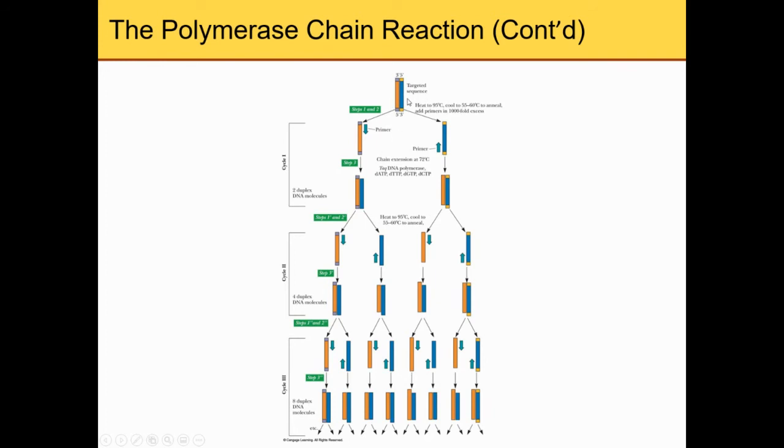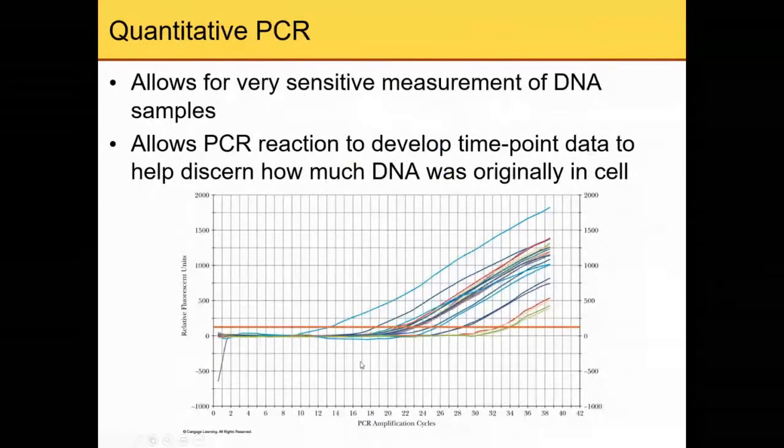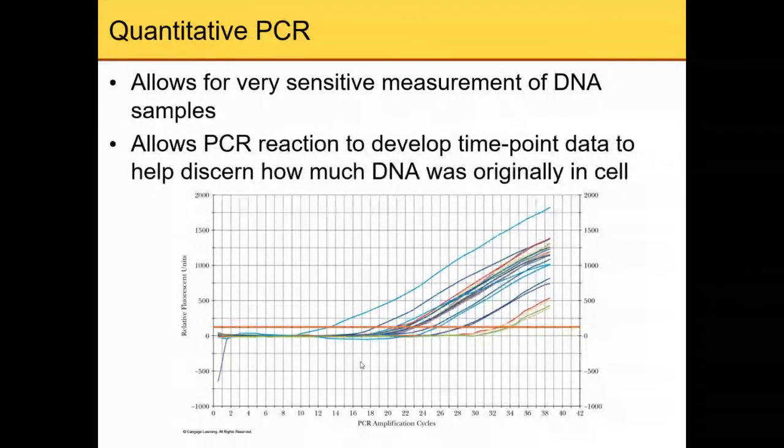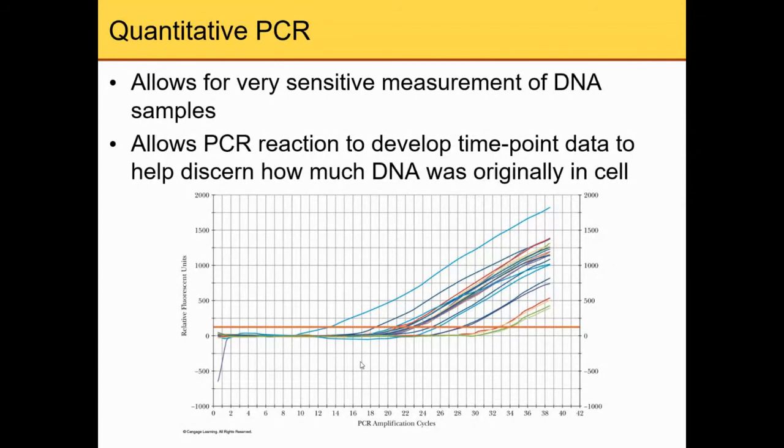Originally you have 1 double helix, and then after 1 cycle, 2 to the power of 1, then after 2 cycles, 4, and after 3 cycles, 8. So that's the PCR, and then the quantitative PCR. Basically, you can monitor the DNA amount in real time during the PCR reaction. So that's called quantitative PCR.